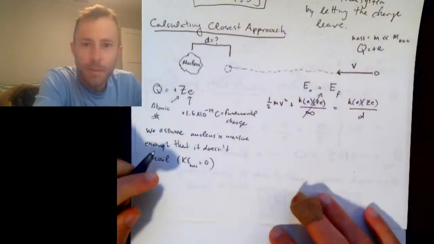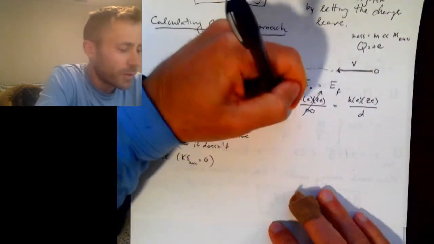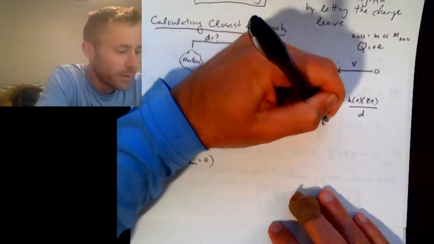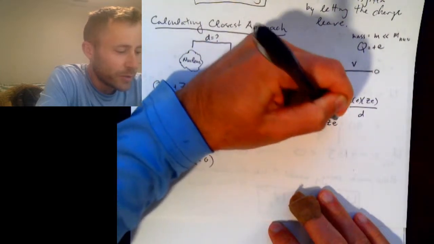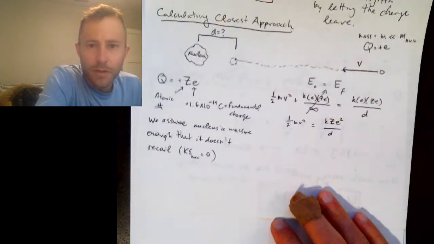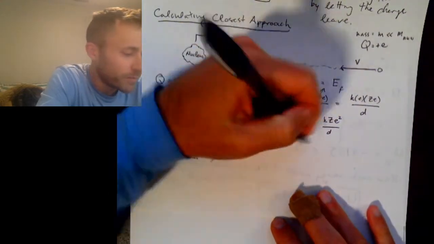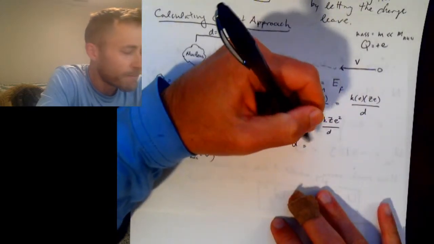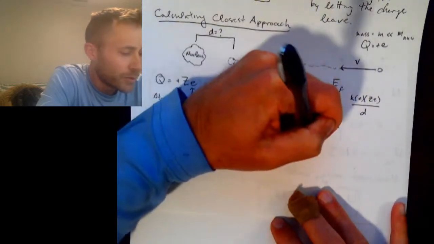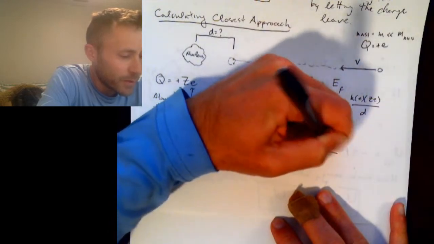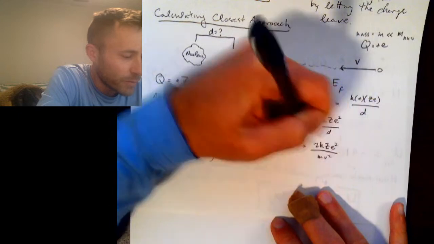Going down to the next line, we have 1/2 mv squared equals k Z e squared over d. Solving for d, I get d equals 2kZe squared over mv squared.